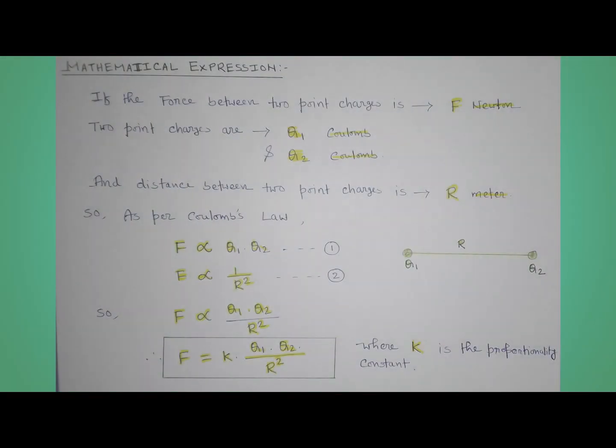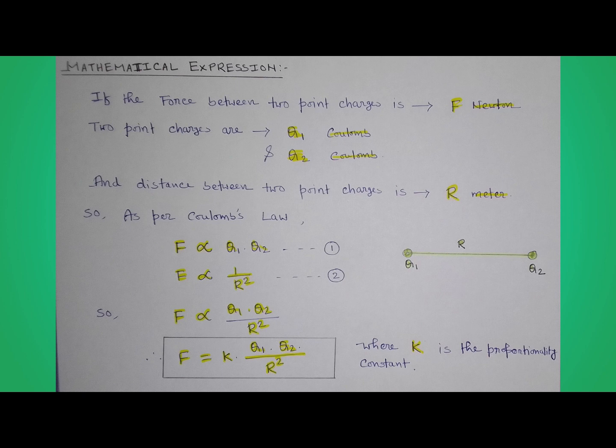Now the mathematical expression can be explained as follows. Consider the force between two point charges is F Newton, the two point charges are Q1 Coulomb and Q2 Coulomb, and the distance between them is r meter. The figure shows the Q1 charge, Q2 charge and the distance between them, that is r.